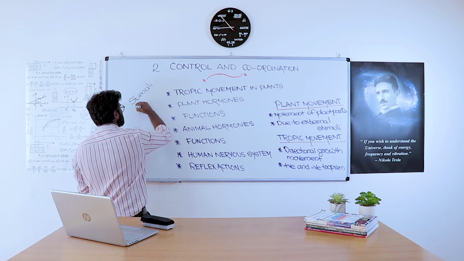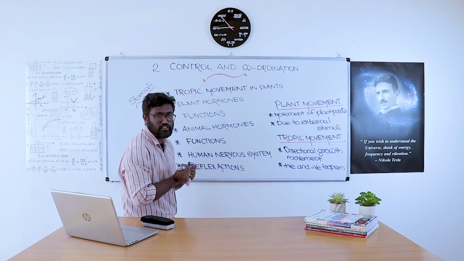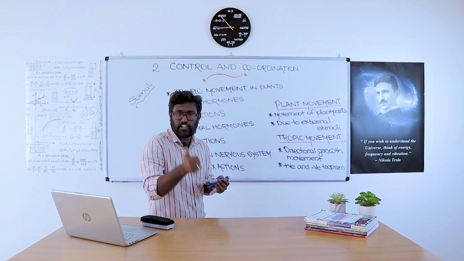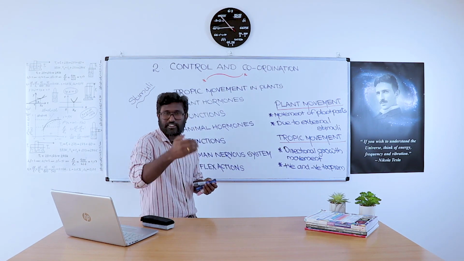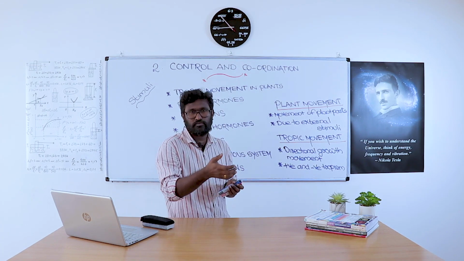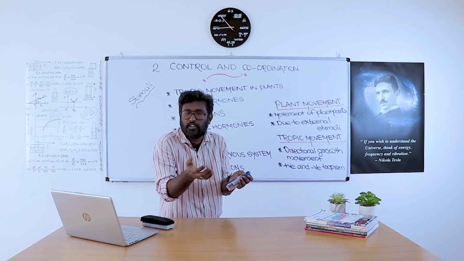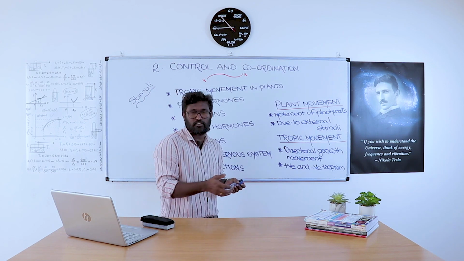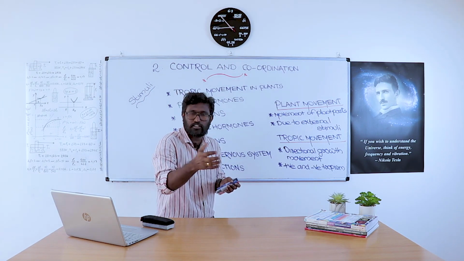With respect to that stimuli, the plants and animals react. For example, heat is a stimuli. It's an external agent which is responsible for the reaction of the plants and animals.